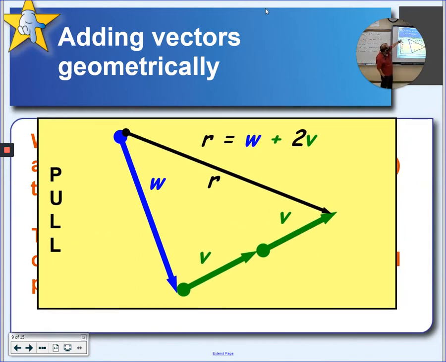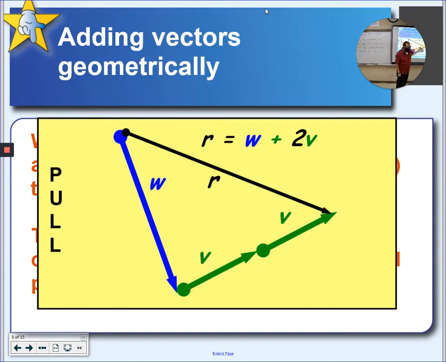Let's say that I've got vector W and vector V. If I want to find a resultant vector equal to W plus 2V, I take my W, and right at its terminal point, I stick the initial point of a V, and then right at the end of its terminal point, I stick the initial point of another V. My resultant vector starts with the original starting point and ends with the last terminal point.